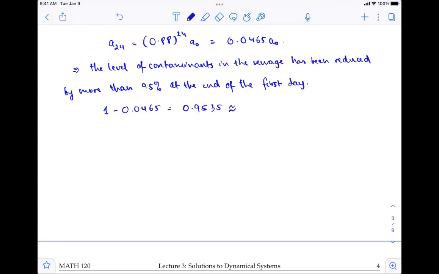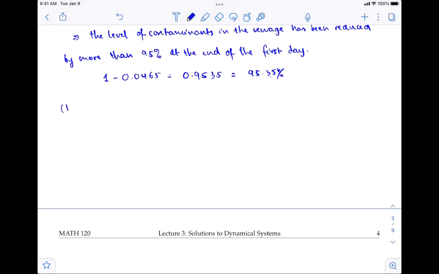So it's about 95% or more. Let me be more precise here: 95.35%. So after one day, more than 95% of the contaminants get removed from the tank.